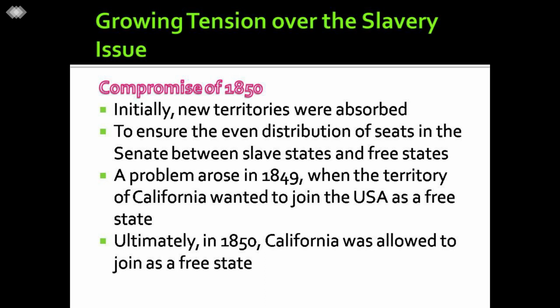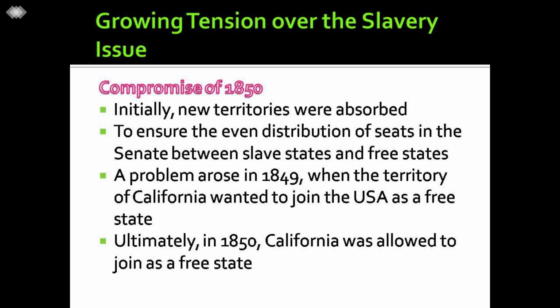Let's understand the second point, that is growing tension over the slavery issue. In that, let's begin with the Compromise of 1850. Initially, new territories were absorbed in a manner that ensured an equal number of slave states and free states.